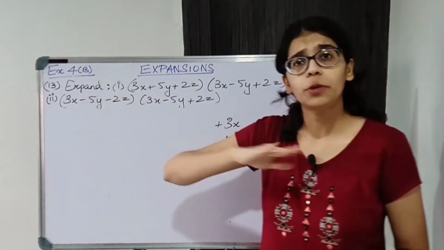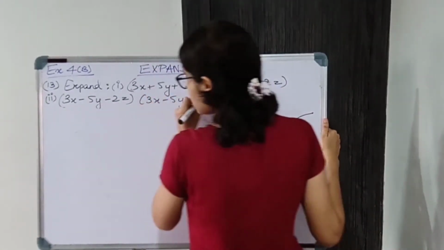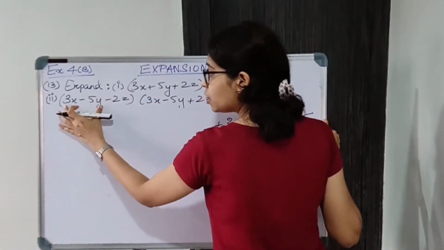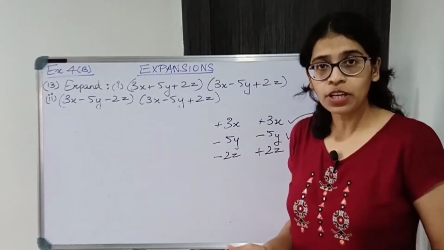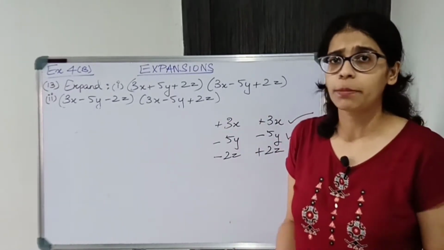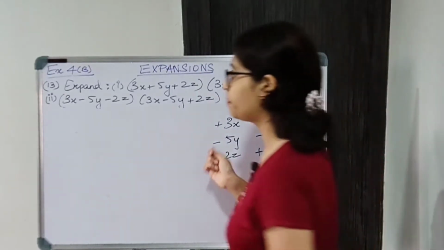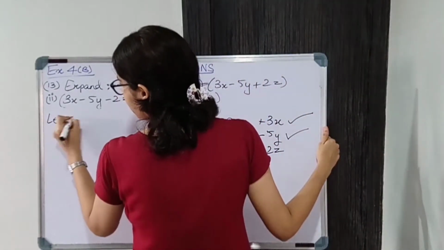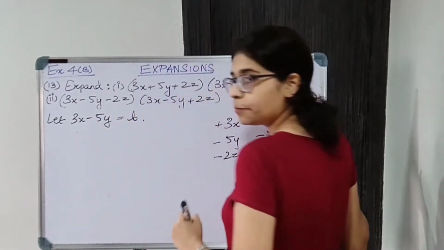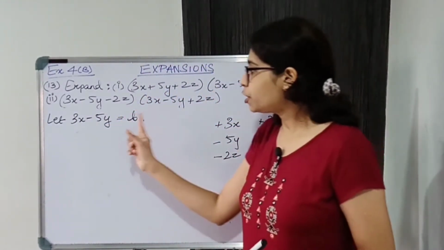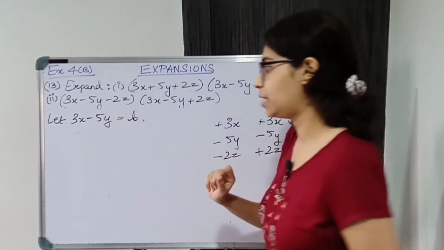They are already grouped. So we'll consider this and we'll substitute 3x minus 5y as b. You can take some other letter also, it does not matter. So I am taking 3x minus 5y as b over here. So let 3x minus 5y be equal to b. We'll substitute this in place of 3x minus 5y.